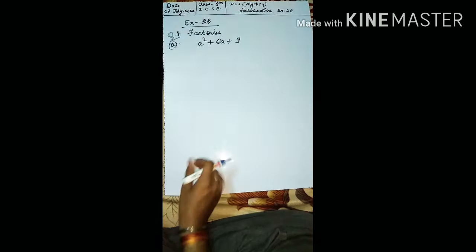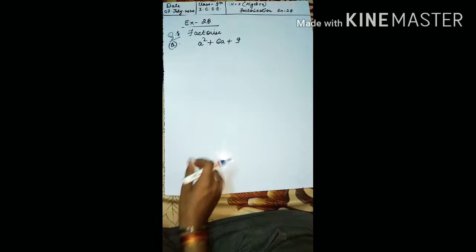Okay, now if you are asked to find the factors of it, or factorization, then what do you do? This is a square, you bifurcate it in two. This is a square term, so you write it twice like this. Okay, so two factors.